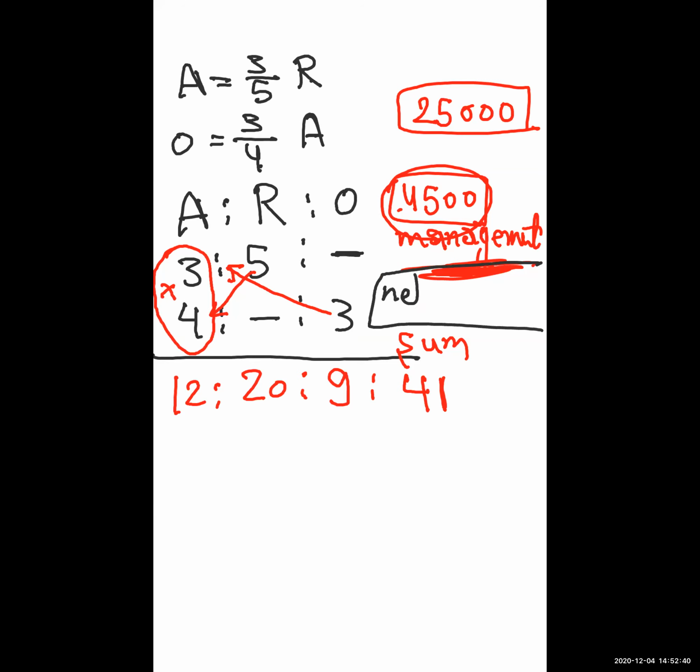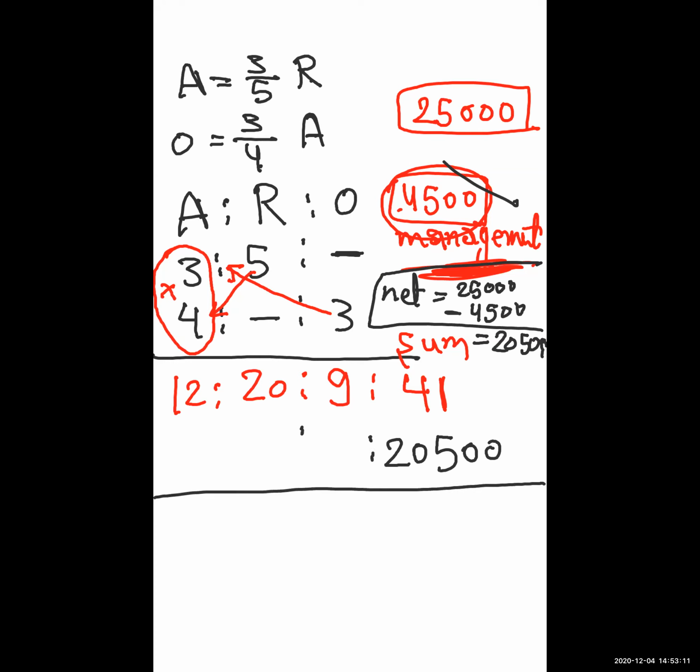Net profit will equal 25,000 minus 4,500, so the net profit will equal 20,500. This is the amount which we are going to distribute, because Amir will get 4,500 as the manager. So we will distribute the remaining amount, which is 20,500.